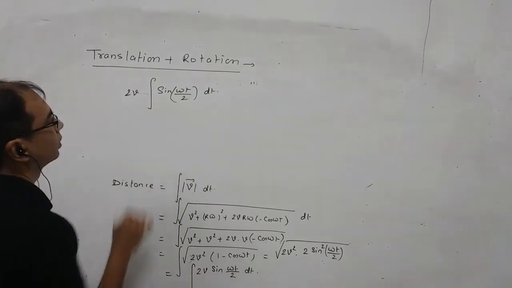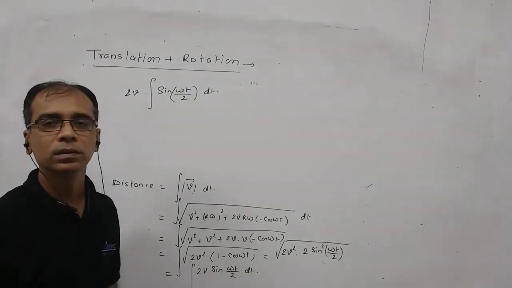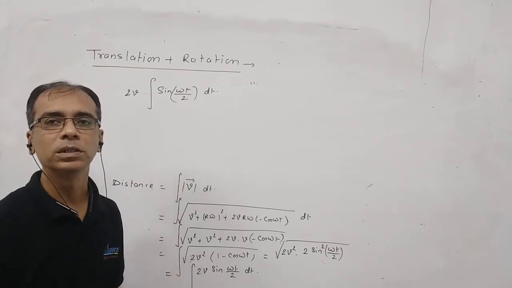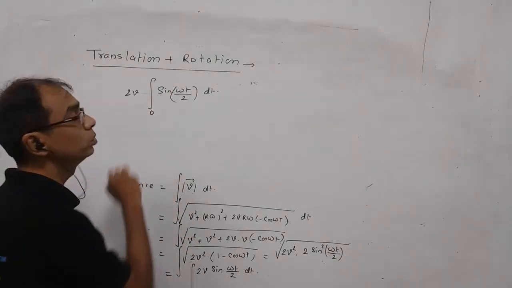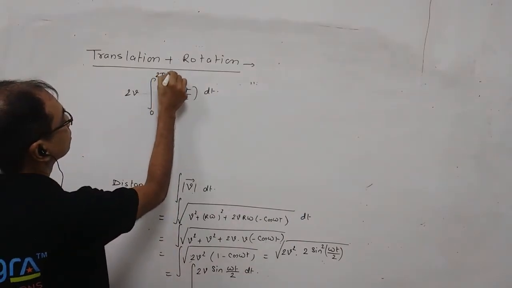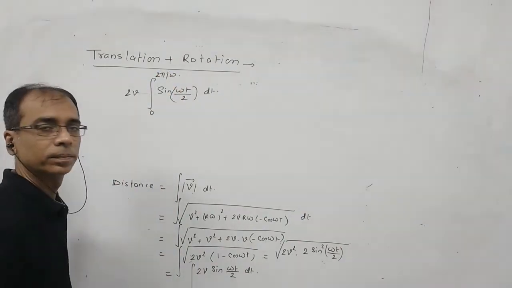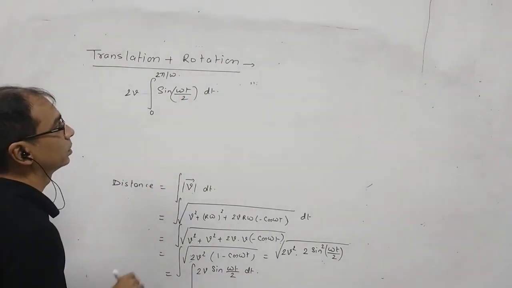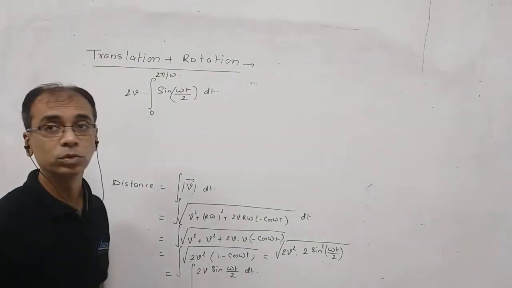Now from where to where are we integrating? We are integrating over time. One complete rotation means 0 to 2 pi by omega. This is the time period, am I correct? So what is the integration of sin omega t by 2 dt?